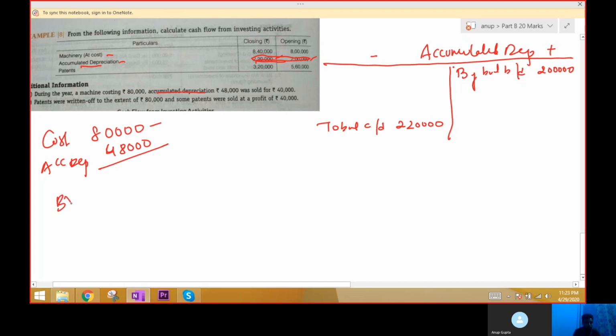Therefore, the book value of the machinery will be 32,000. Now this machinery was sold for how much? 40,000. So sold at 40,000, which means there is a profit of how much? 8,000. So there is a profit of 8,000.